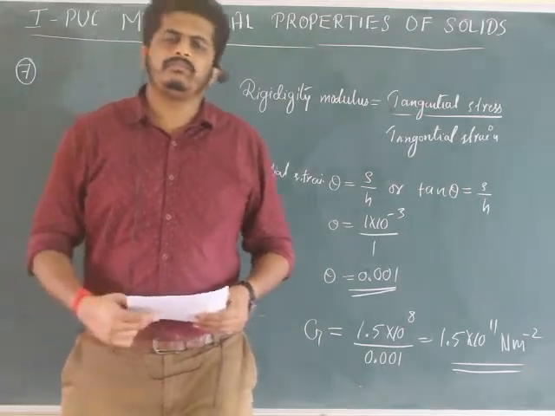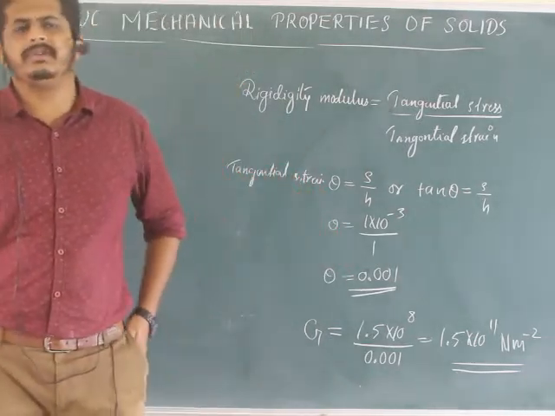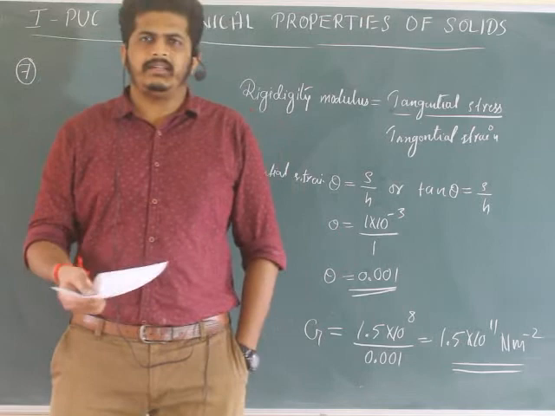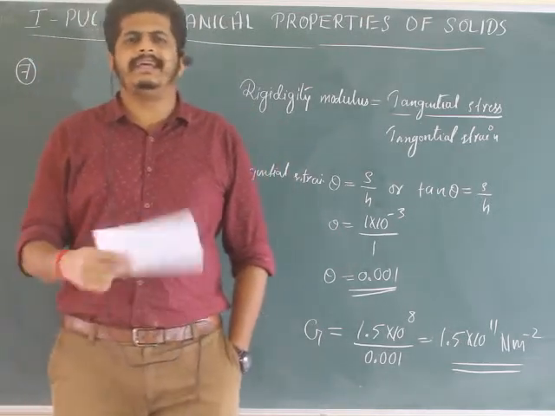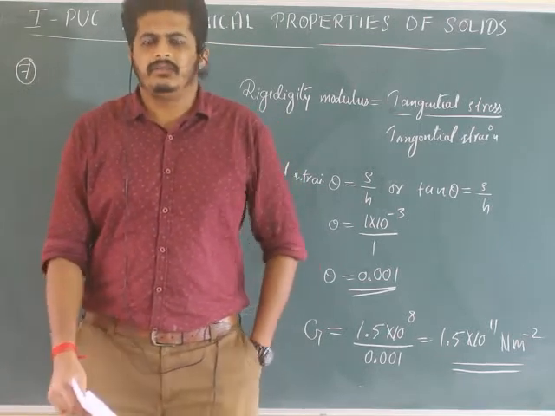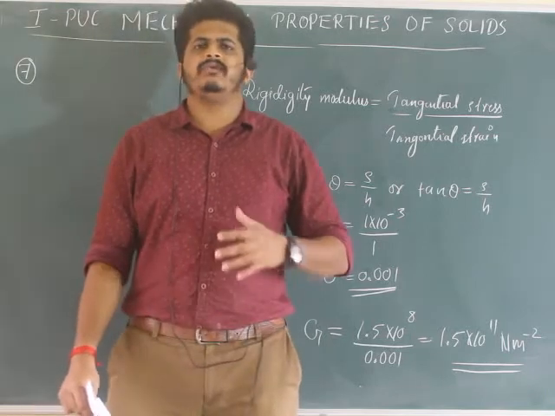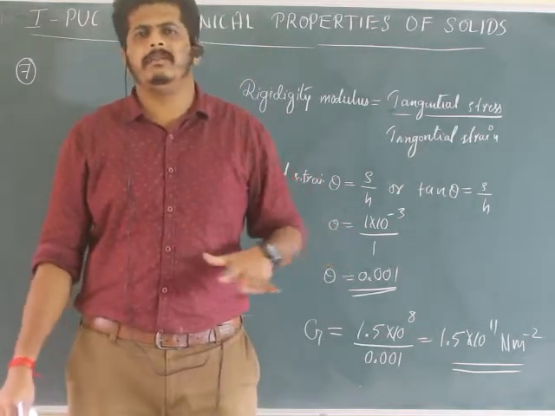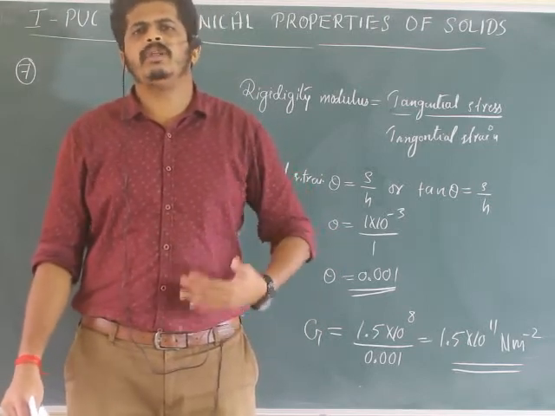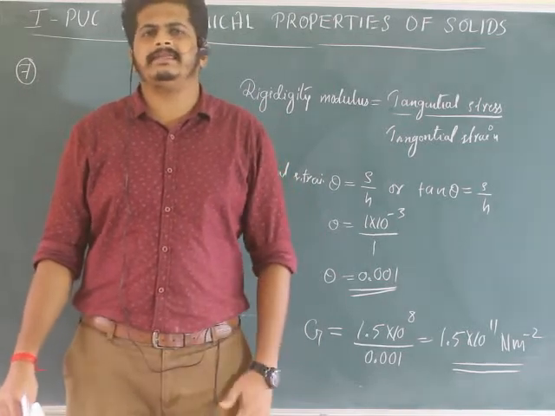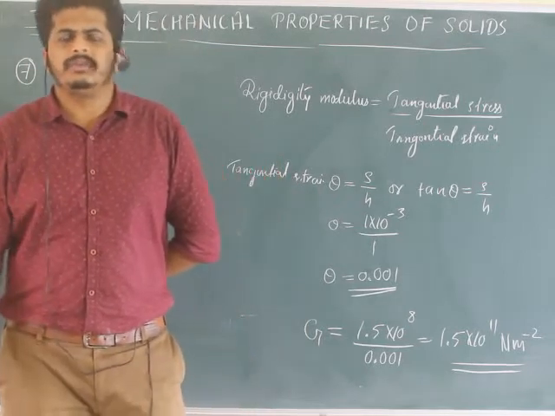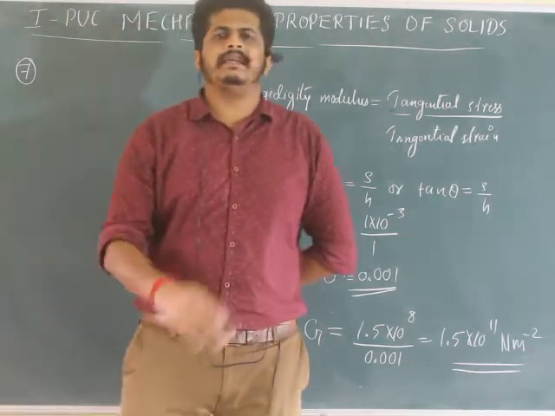Suppose you are good at swimming, you can observe that when the depth is more, when you try reaching the base of a swimming pool, lake, river or sea, more and more pressure will be there inside that water. So when you go deeper, more pressure is exerted on you.